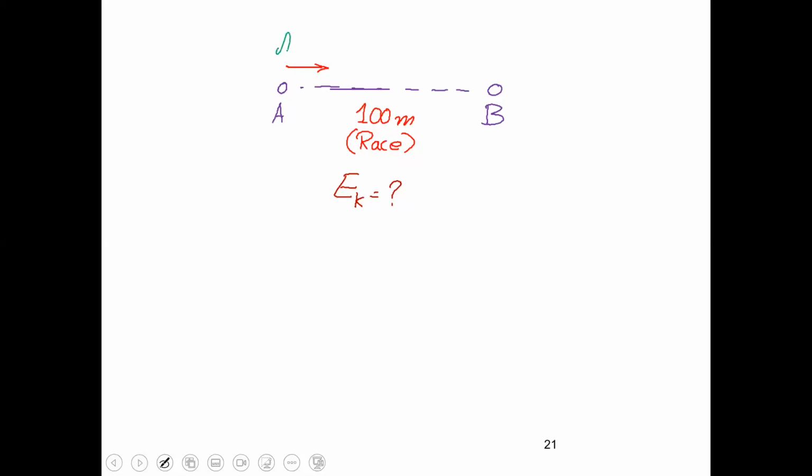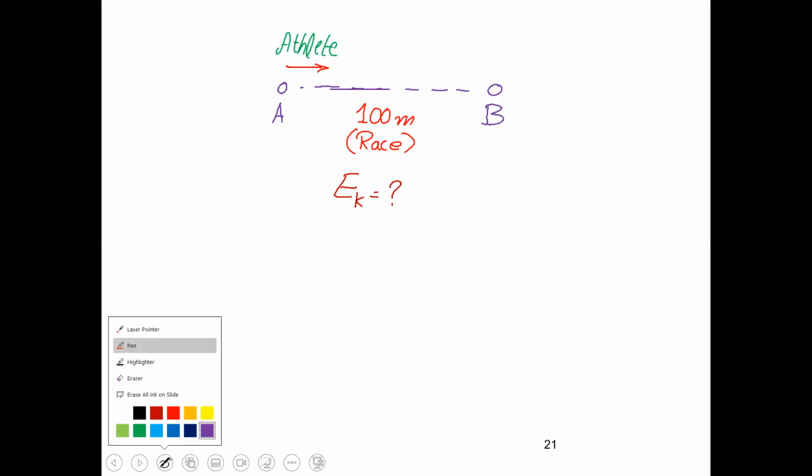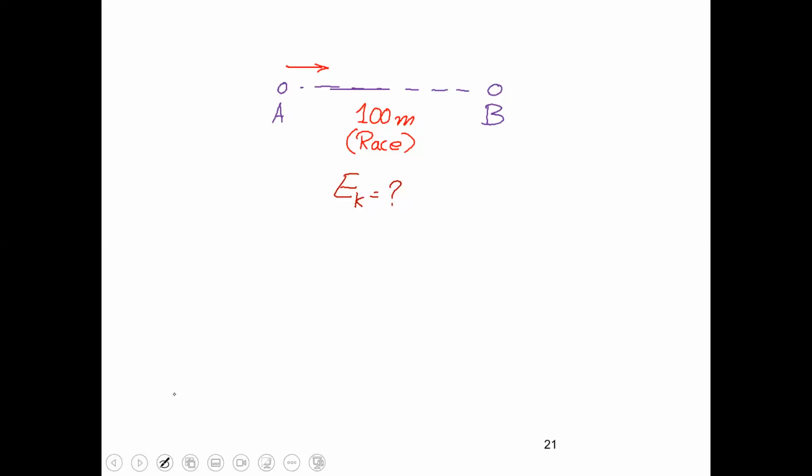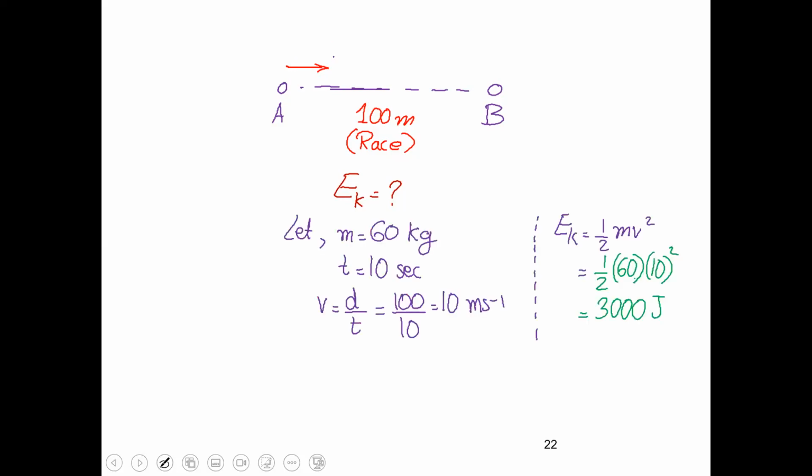You take 70 kg as mass because that's the average mass of an adult. And then the speed can be 10 to 15 meters per second. We can find the speed by speed equals distance upon time, and then we can use the formula kinetic energy equals half m v squared.